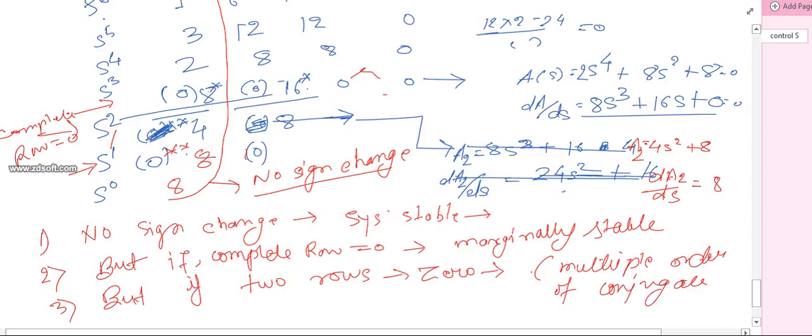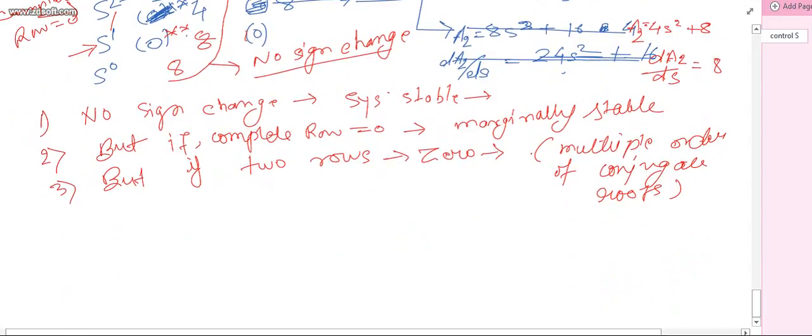And thus there is no change in sign in the first column of Routh tabulation, but the existence of two rows having zero elements makes the system unstable. So from these three points we infer that the system was unstable.